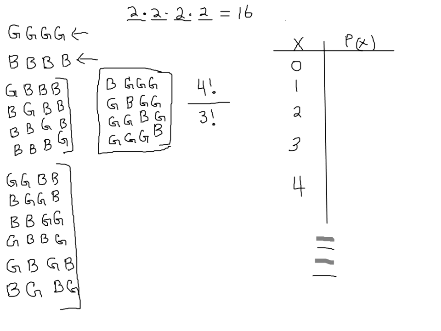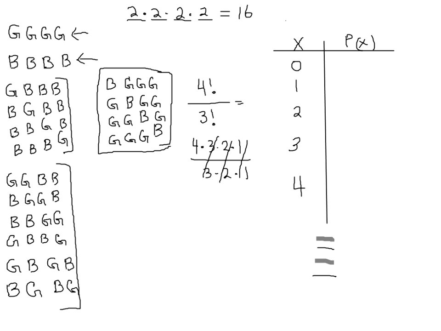When we have 4 factorial over 3 factorial, remember I've already showed you how to do a factorial on your calculator, and I'm sure we did some by hand. In this case, even by hand, 4 factorial is 4 times 3 times 2 times 1, and 3 factorial is 3 times 2 times 1.